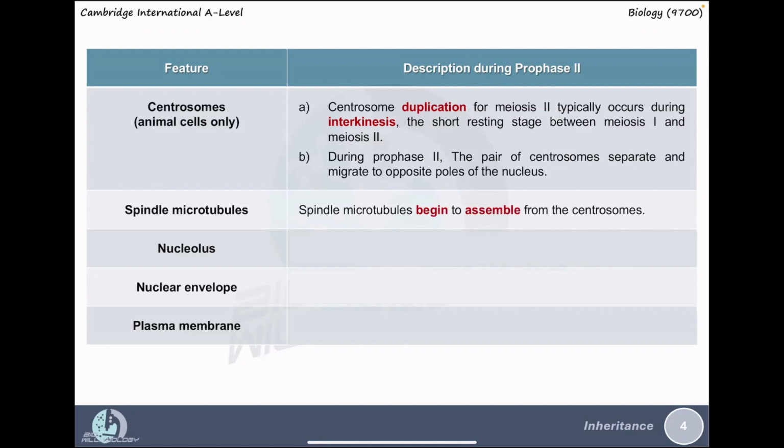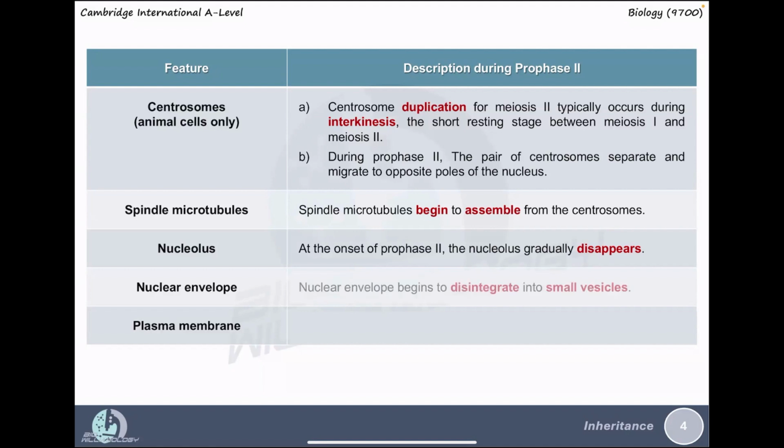Spindle microtubules begin to assemble from the centrosome to form the spindle. At the onset of prophase 2, the nucleolus gradually disappears and the nuclear envelope begins to disintegrate into small vesicles. No event is associated with the plasma membrane, and it remains intact during prophase 2.